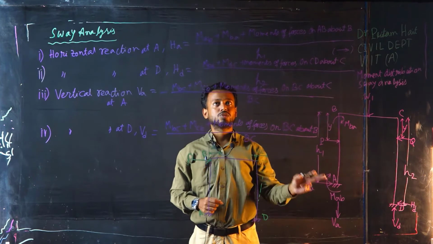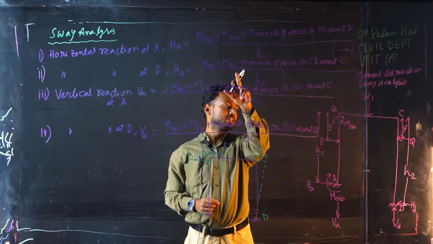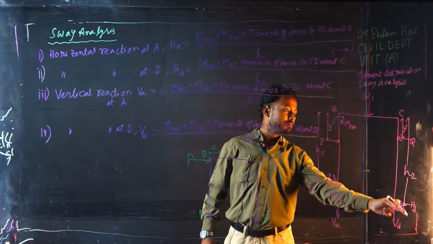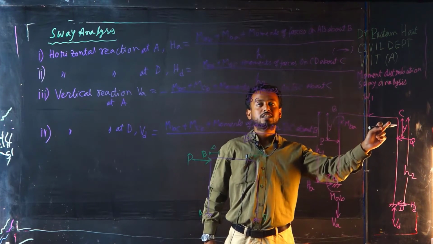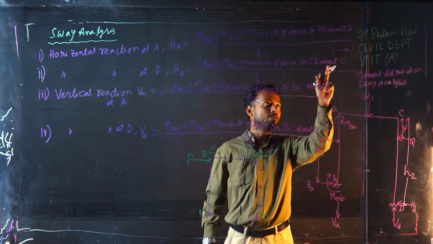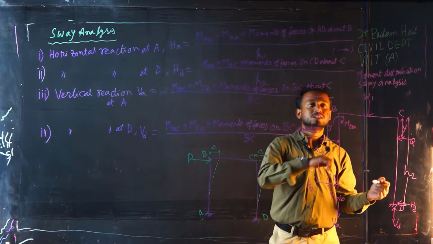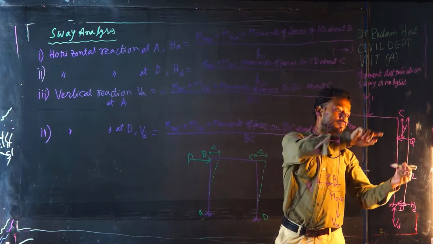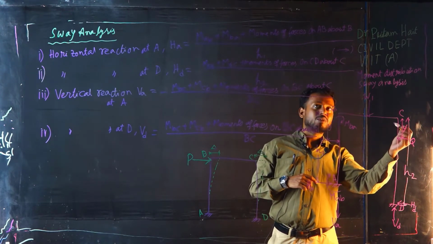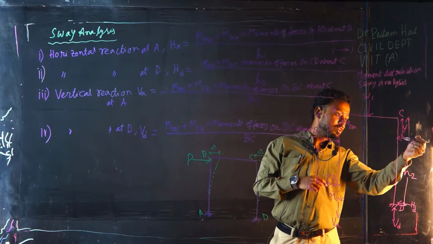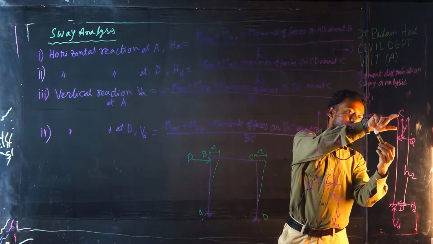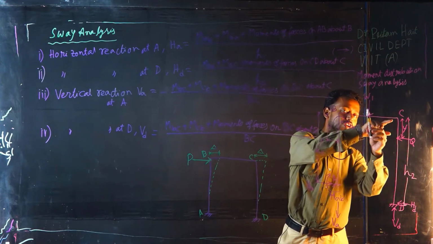This will give you the horizontal reaction at A support. Similarly at D support, MCD plus MDC, that means MDC, the moment at D, and MCD, the moment at C, plus moment of forces on CD about C. This is the CD column, so moment of forces will be calculated about C joint. This Q force is acting in this direction, and if you take the moment, it will produce a clockwise moment.